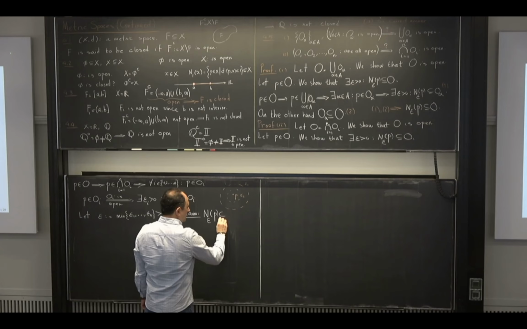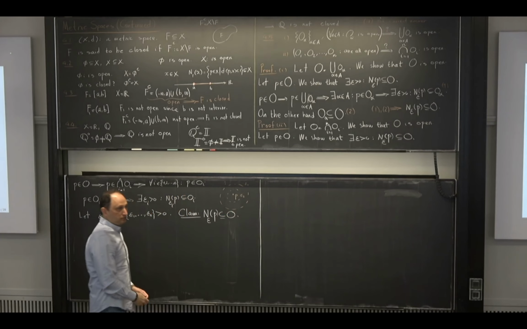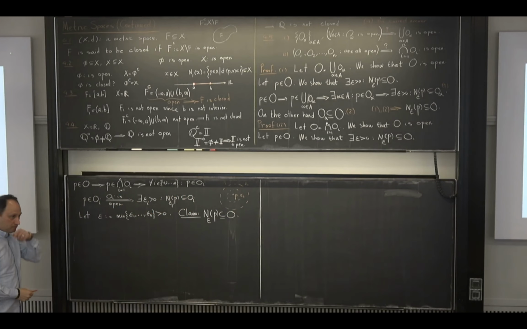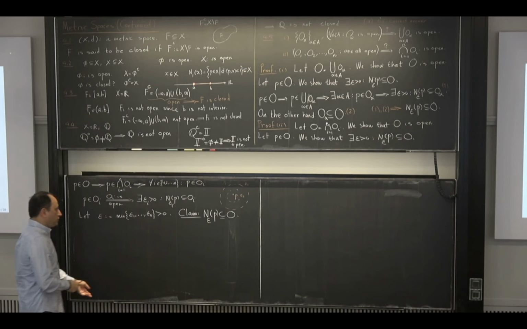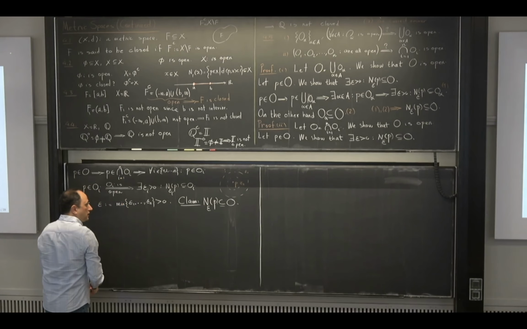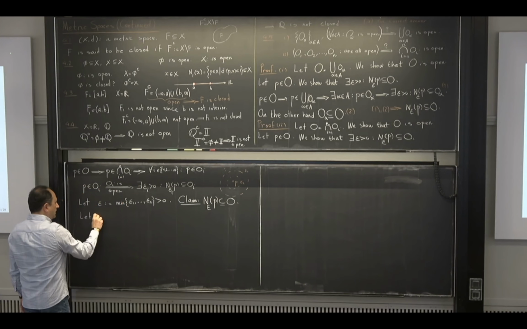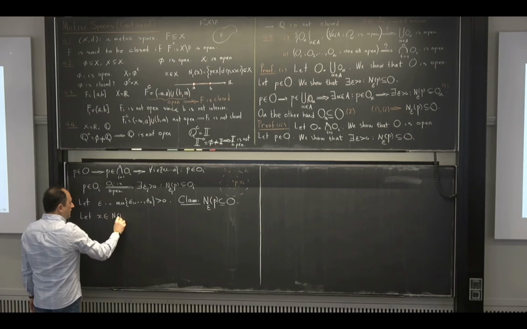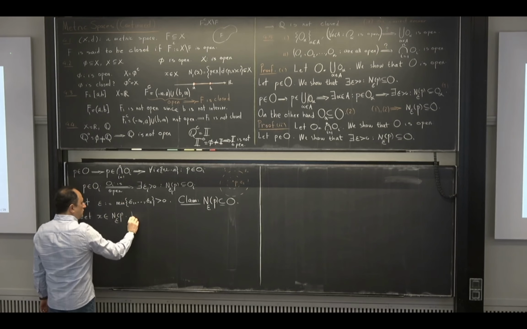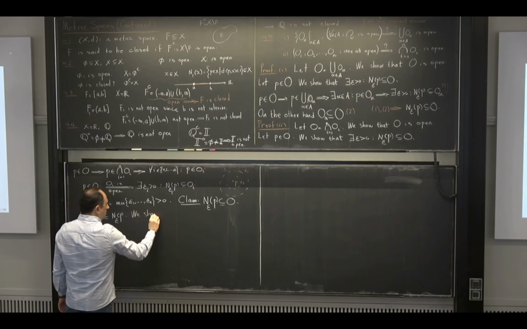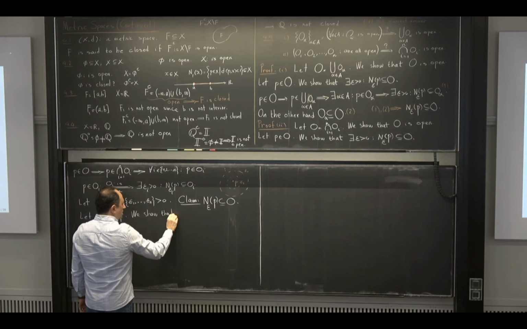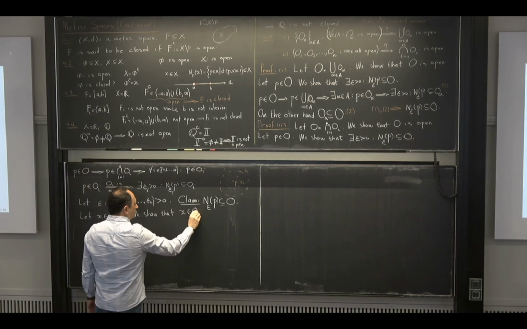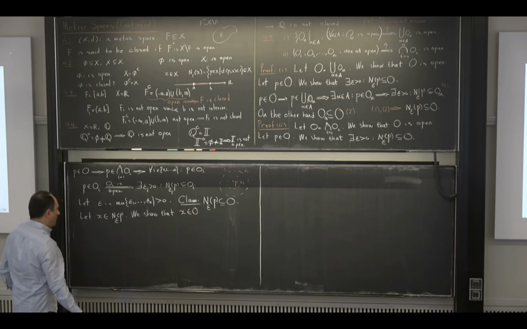Is a subset of O. Okay, so how should I prove this one? A standard technique. I would say let x belong to N(p, epsilon). We show that x belongs to O. Do you agree?